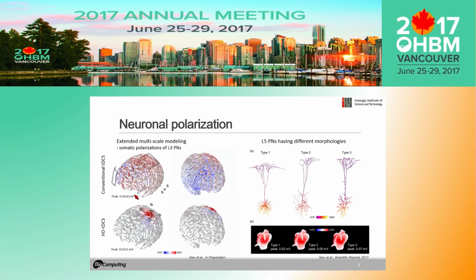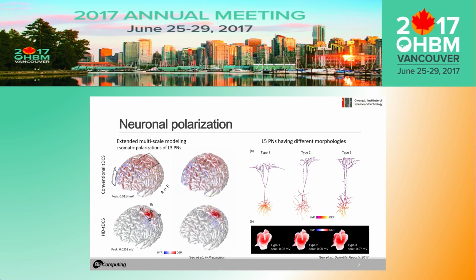As shown in this figure, in conventional tDCS, most polarizations are focused on the gyral wall, while in the area directly under the electrodes, here and here, the most polarization is observed on the top of the gyrus.